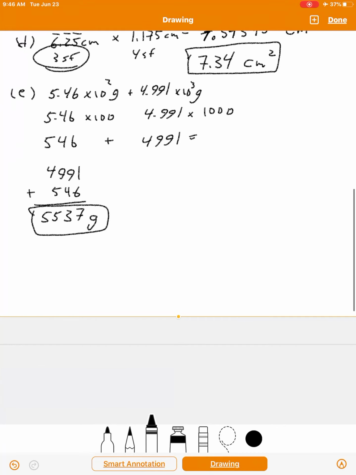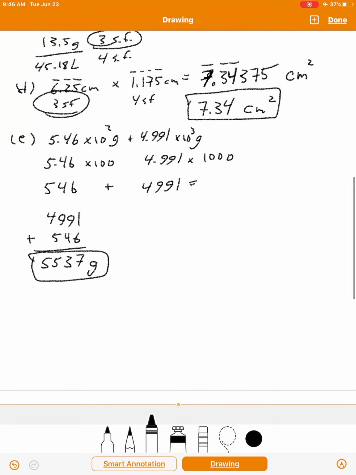Another approach, which might be fun to try, is to get each of them with the same exponent, the same power of 10. So here's the general rule. Left is positive, right is negative.